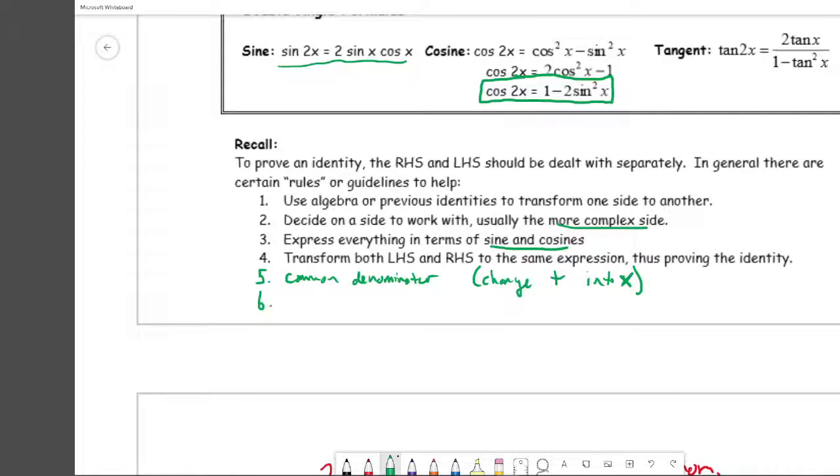And finally, let's make sure we mention you have to have the same argument, right? Remember, the argument is whatever's inside the function. So if one side of your equation has a tan 2x and the other side has tan x, for example, at some stage of this process you're going to have to address that these arguments are different.